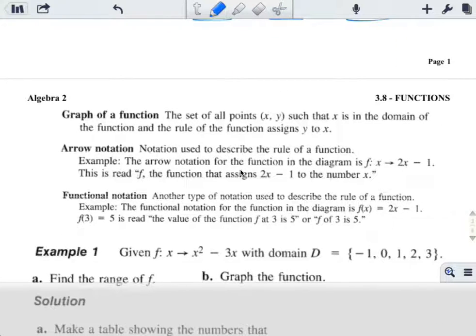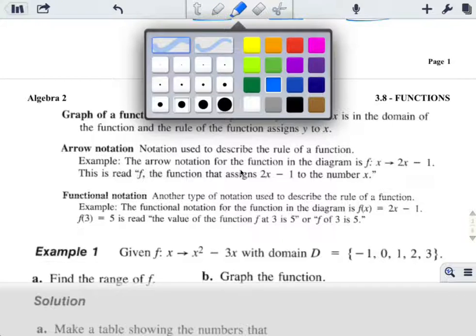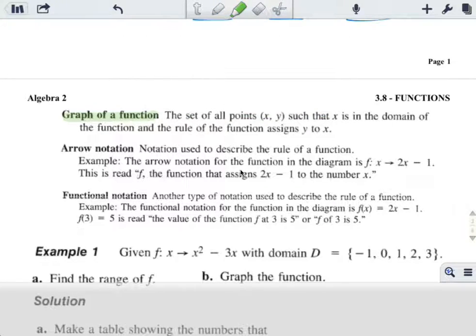The graph of the function, this is a new one. The graph of a function is the set of all points (x, y) such that x is in the domain of the function and the rule of the function assigns y to x.